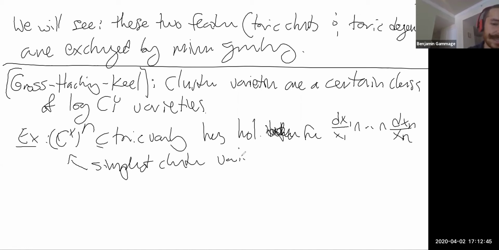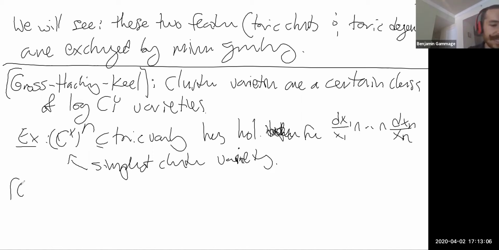Maybe if I said that the last one was the simplest cluster variety, I was sort of lying. C star to the n is the simplest one, but it is less interesting from our perspective. Nothing is happening there. So the first interesting cluster variety is the one we discussed before. How do we get more general cluster varieties?